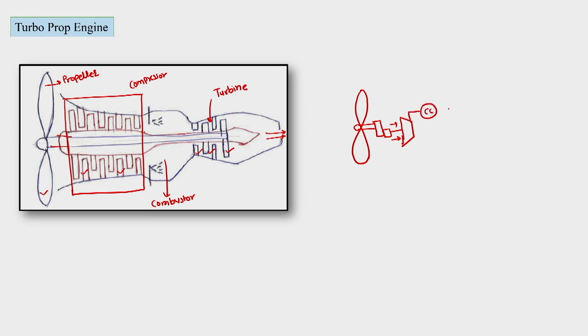Then there will be combustion chamber, and then after the combustion chamber there will be turbine, and then air would be passed from the turbine to the nozzle, and this nozzle is low speed exhaust nozzle. So this is typical schematic of a turboprop engine.